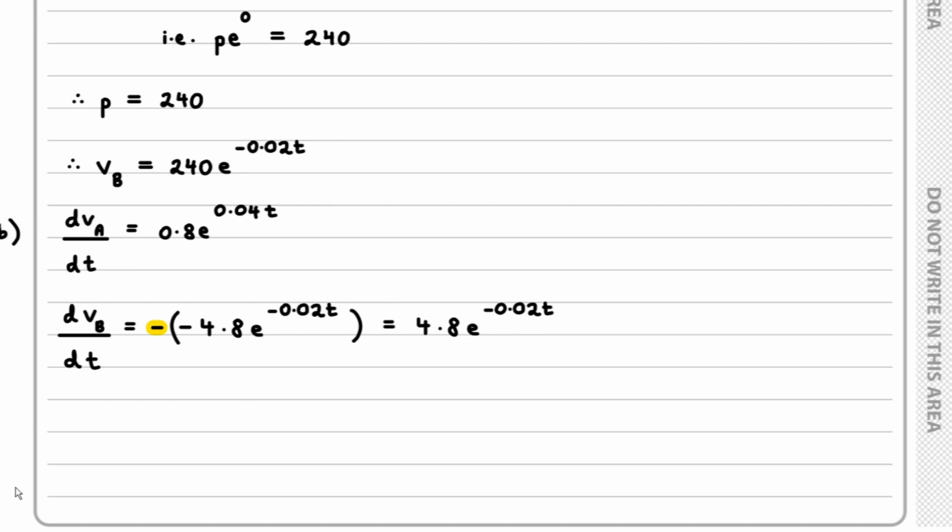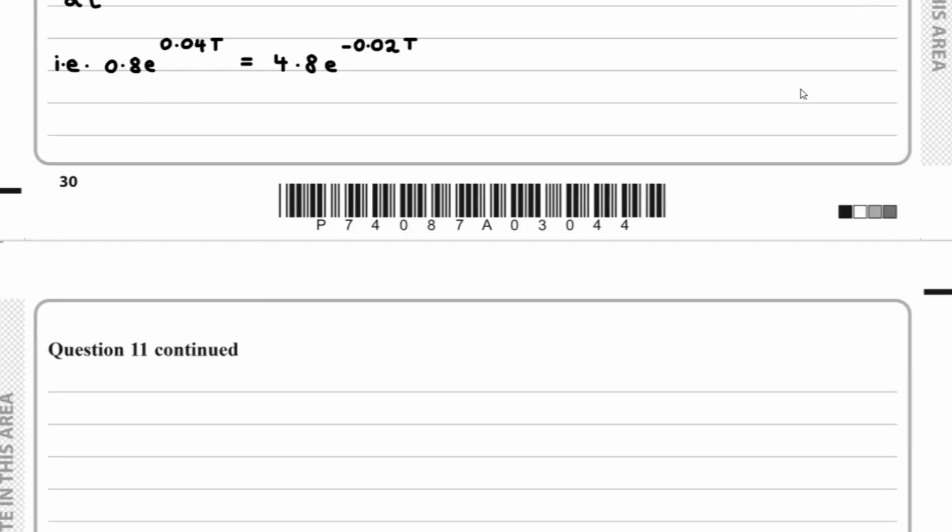So, if we now set these equal to each other when t equals t, we have 0.8e to the 0.04t equals 4.8e to the negative 0.02t. If we multiply both sides by e to the 0.02t and then divide both sides by 0.8, we end up with e to the 0.06t equals 6.